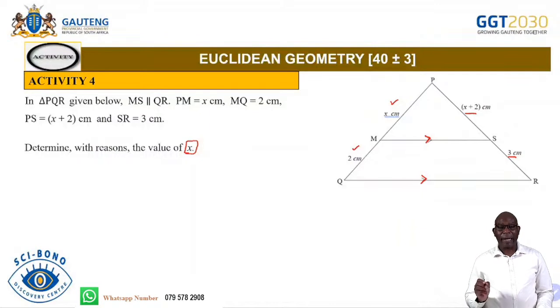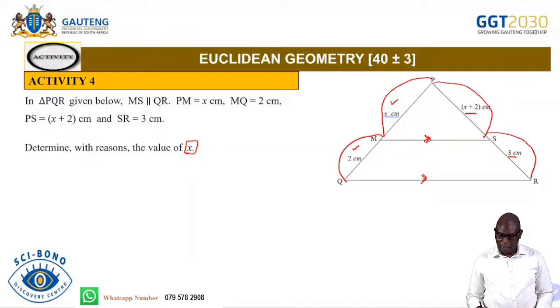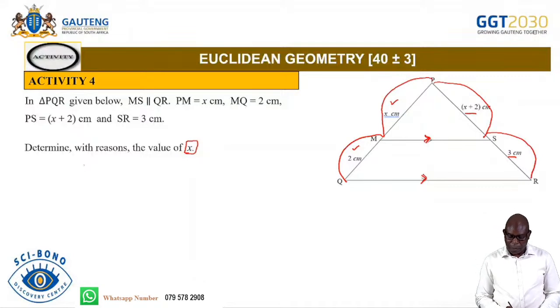Now, you must know in Euclidean geometry, we must write down the results. So I can see that if this line is parallel to that in a triangle, therefore PM over MQ is the same as PS over SR. So I'm going to write that down.